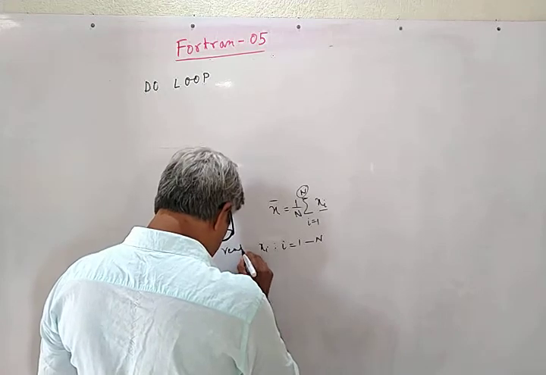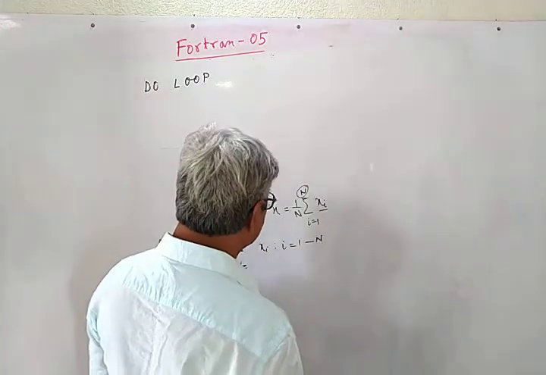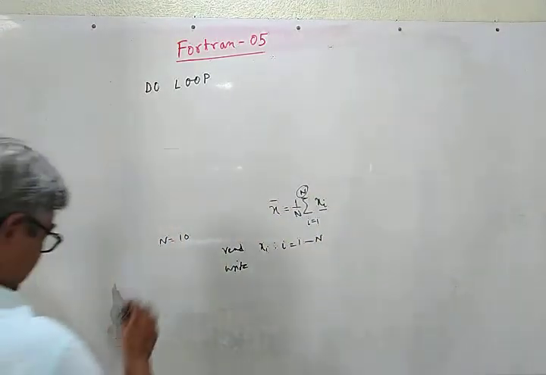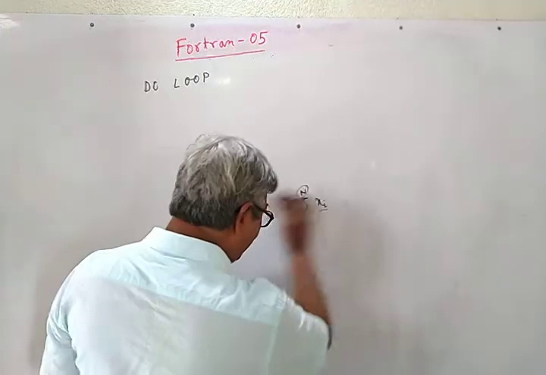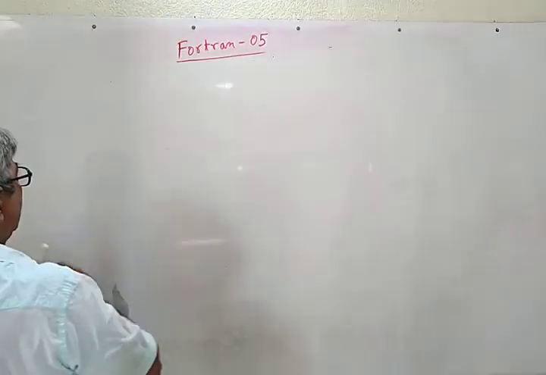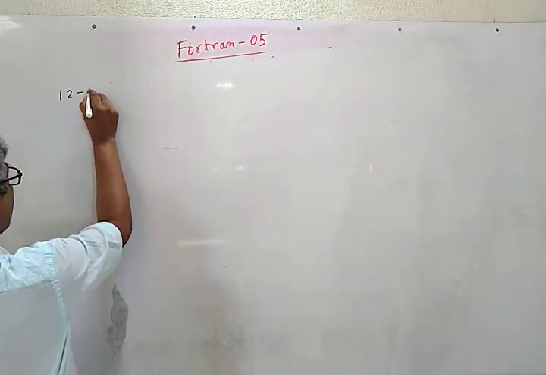Read this and then write the same. How to do it in the computer, I will come to this problem. So the first thing is to read a few numbers and to write the corresponding numbers.